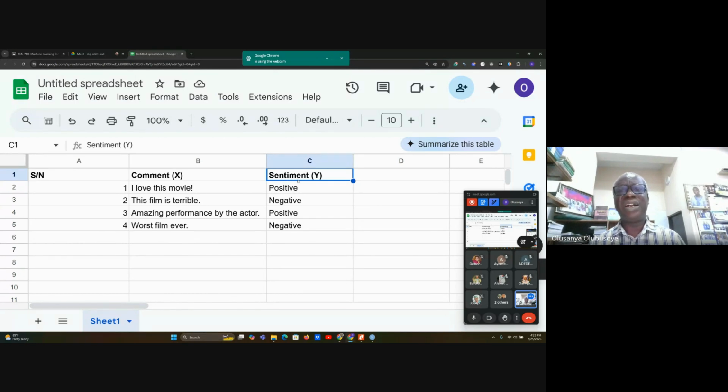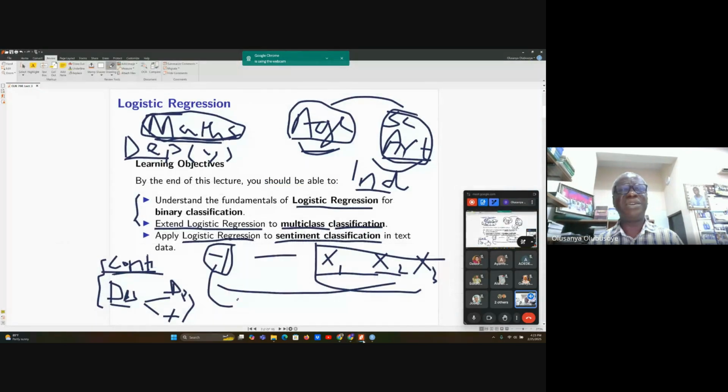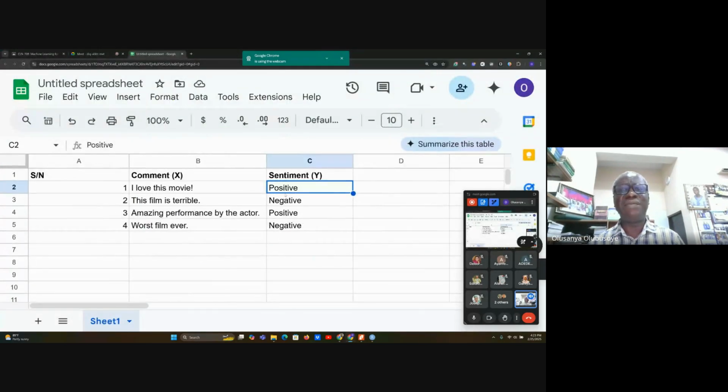So when we have a dependent variable y like this, that is measured on 2 categories, that is when we can use logistic regression. Unlike when you have, let's say, you decide to look at the number of words, word count.